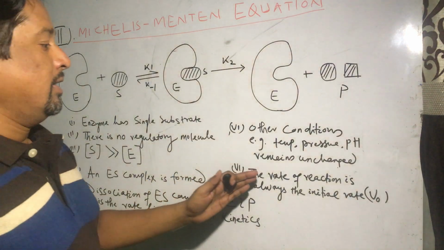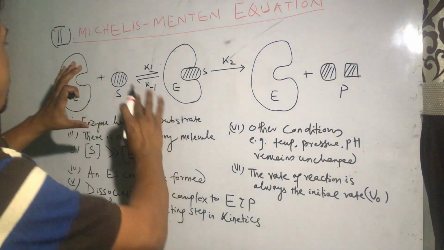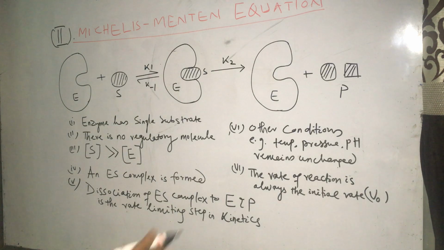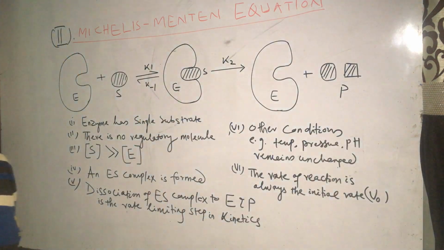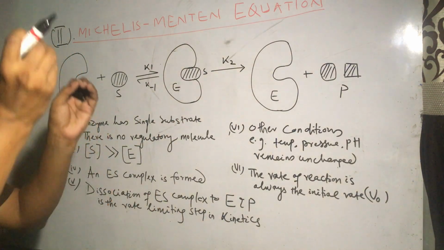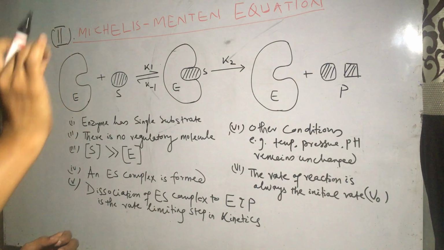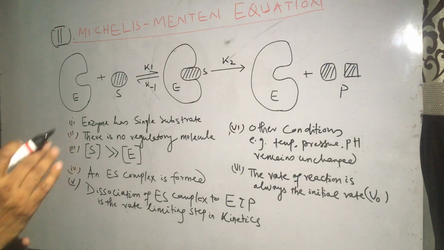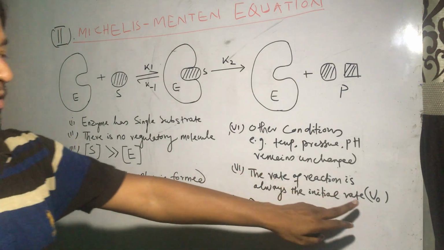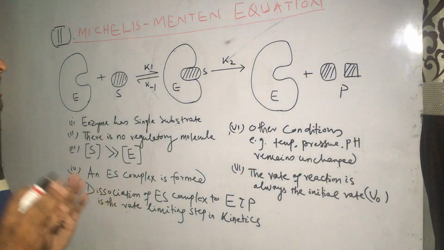And the rate of reaction, wherever it is not mentioned, is always the initial rate. So it means that when we finally add the enzyme and substrate along with all other conditions, the starting speed of the reaction is known as the initial rate.